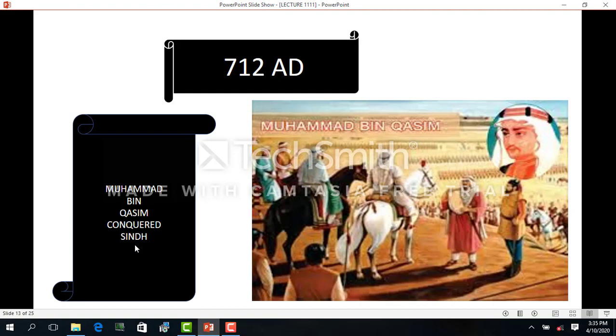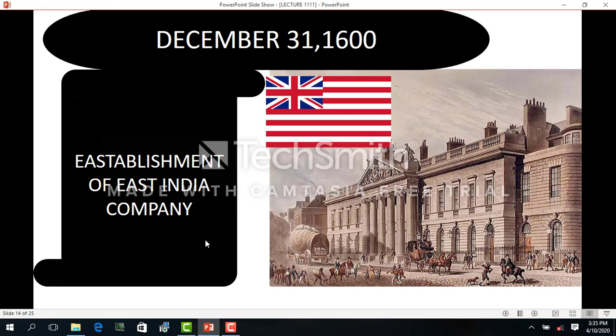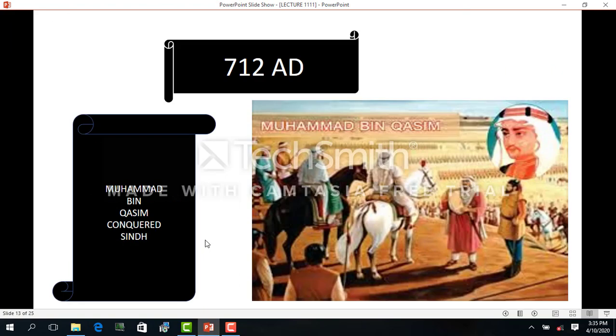From here we can say that the two-nation theory started when the first person of the subcontinent converted to Islam. After 712, many events occurred, but here I will summarize only the important events.